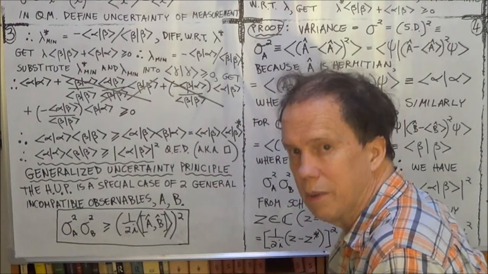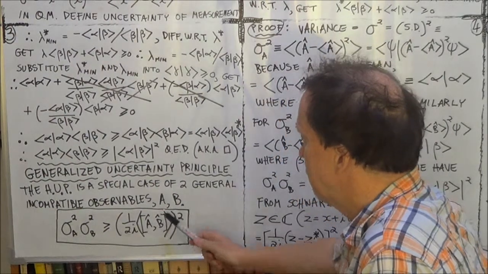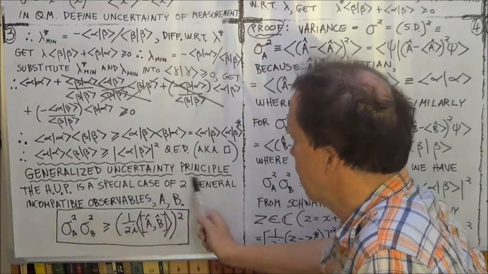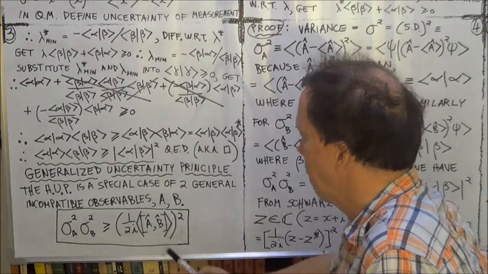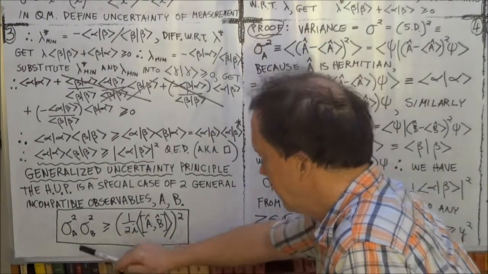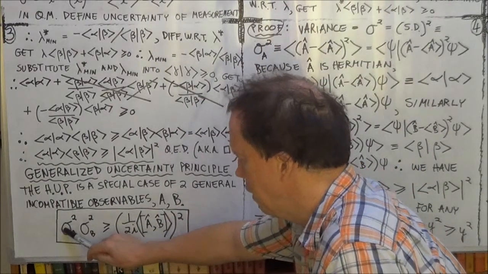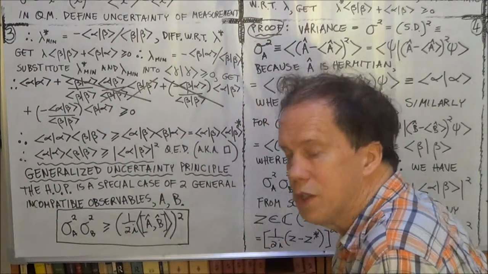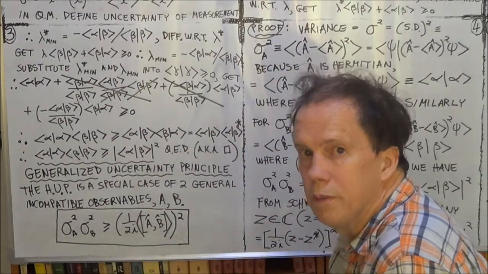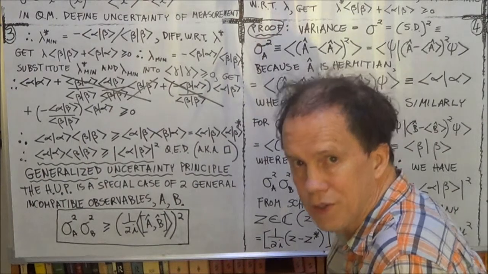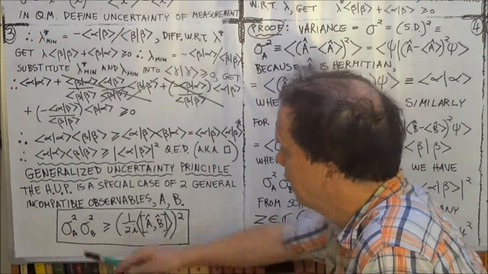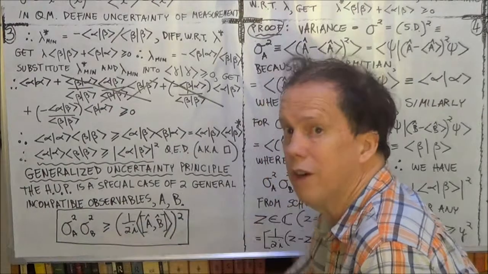They're incompatible, and two general observables, just A and B. Here you've got the sigma, and as we were talking about in the previous session, this sigma is interpreted to be a statistical standard deviation. Now I've got the square of it, so we're talking about the variance.